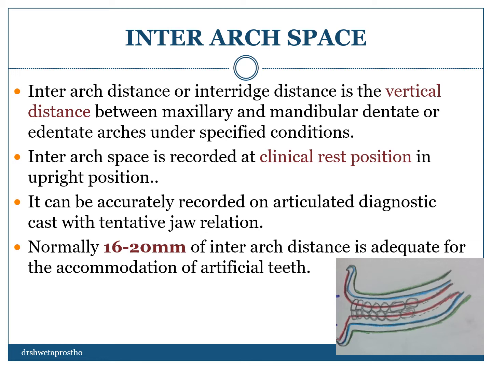If a postgraduate is selecting a case for exam, go for the tentative jaw relations to see the interridge relation and the interridge distance both. Normally 16 to 20 millimeter interarch distance is adequate to place the artificial teeth.